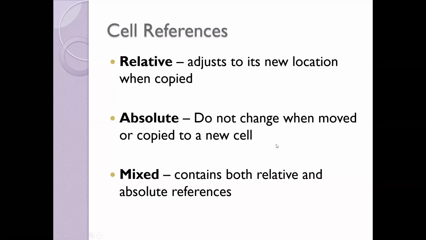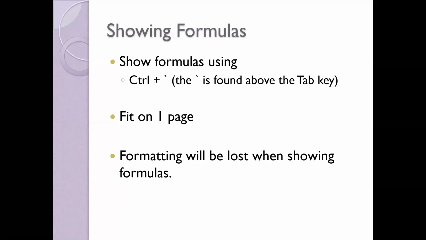Okay. So, we have relative, absolute, and mixed. Showing formulas, just press the control key. You will see that code on your tab key. Tab key, fit on one page.